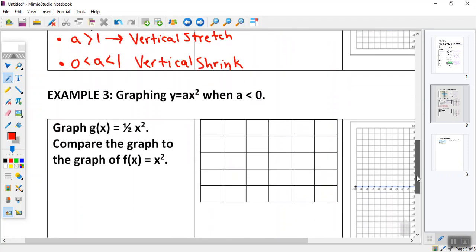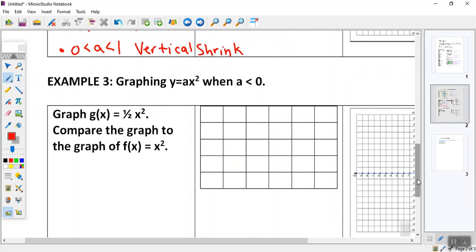What if ax squared is graphed and A is actually less than 0? This should be a negative 1/2 right here, kids. Okay, I don't think that they accomplished what they wanted to accomplish here.